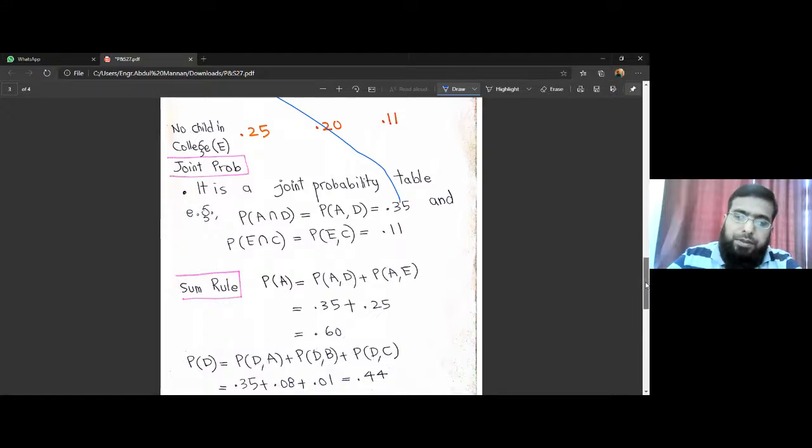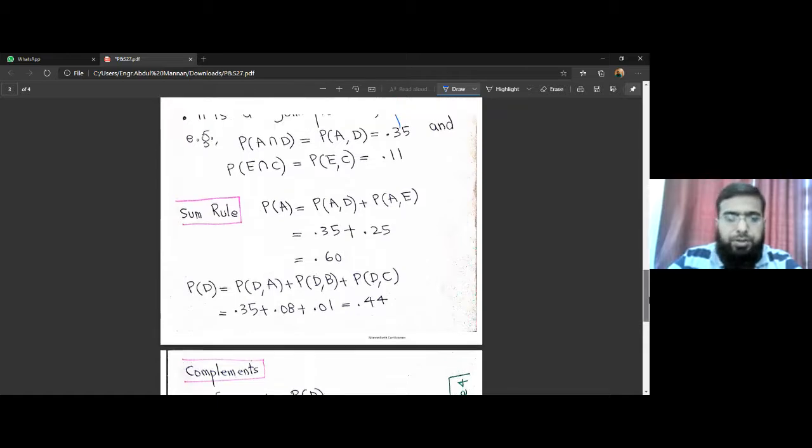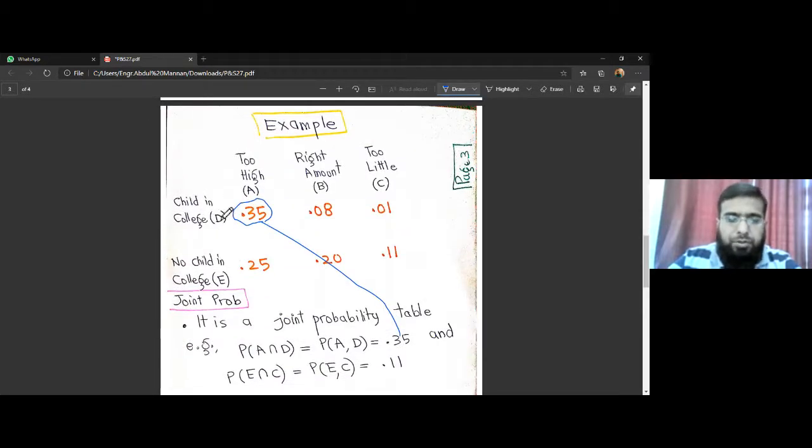Similarly, probability of D can also be computed using the same sum rule. Probability of D, the parents who have a kid in college. So 0.35 is probability of DA, probability of DB is 0.08, probability of DC is 0.01.